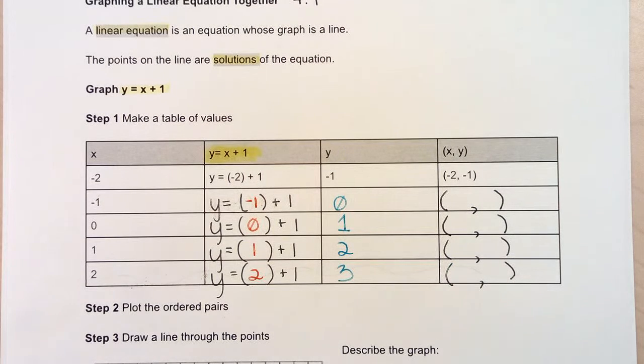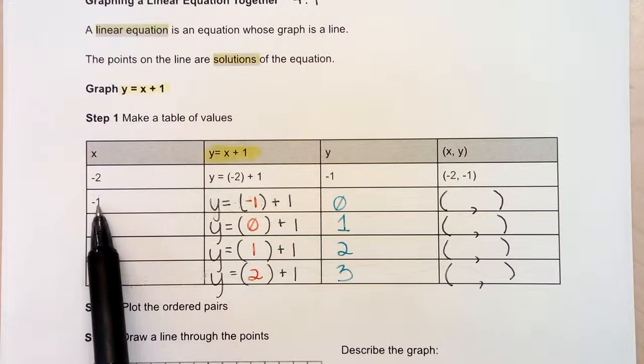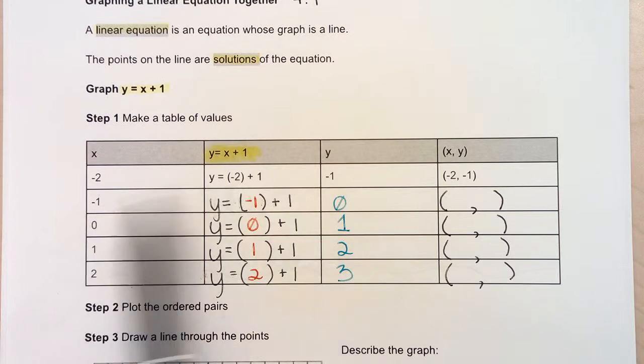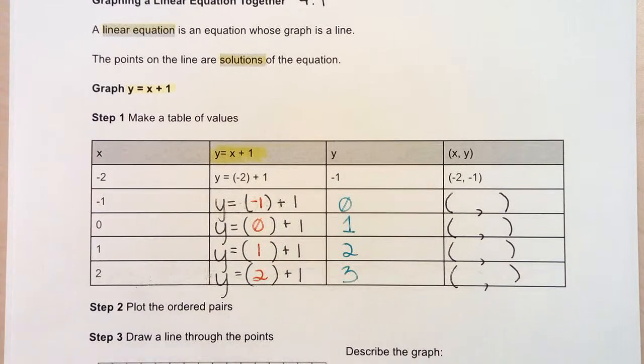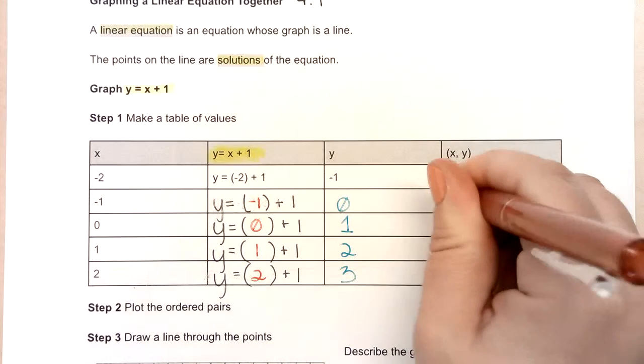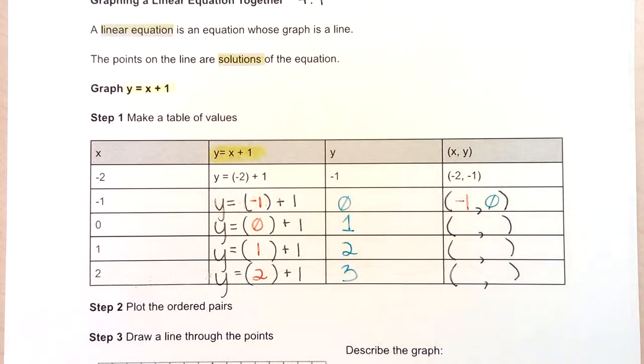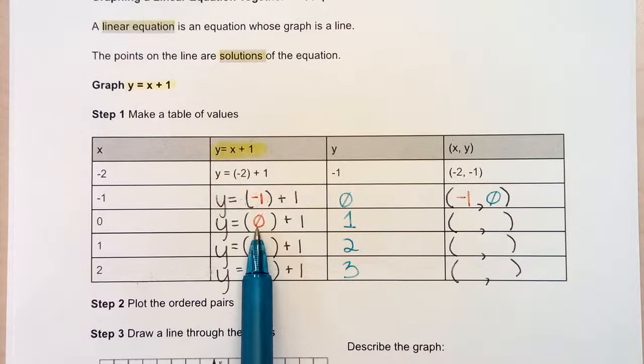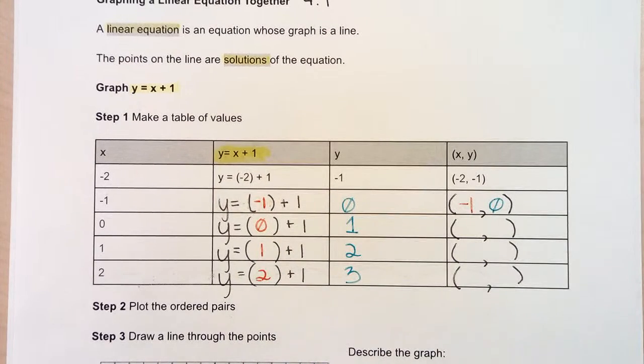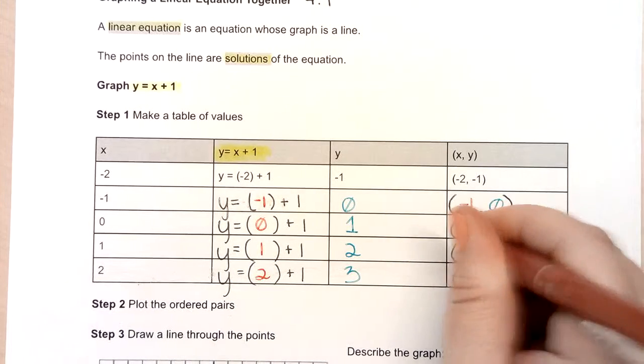So we have -1, 0. So I'm going to write that as -1, 0. That is the first solution we got. Now we have 0. When we input 0, we got 1. So we're going to write 0, 1.